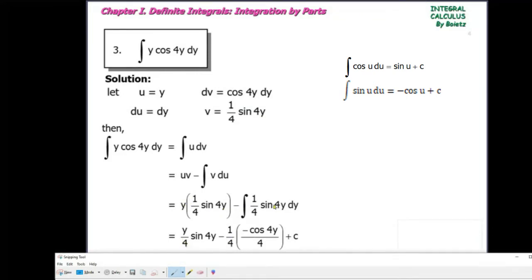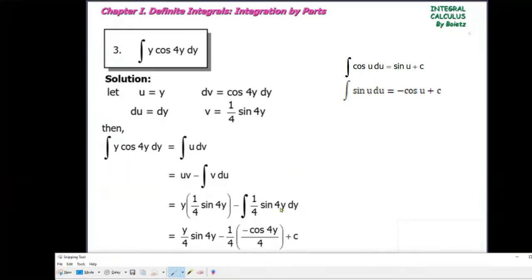Then what is the integral of sine 4y dy? Or the integral of sine u, the integral ng sin u du is equal to negative cosine u plus c. So since your u is equal to 4y, your du is equal to 4 dy.